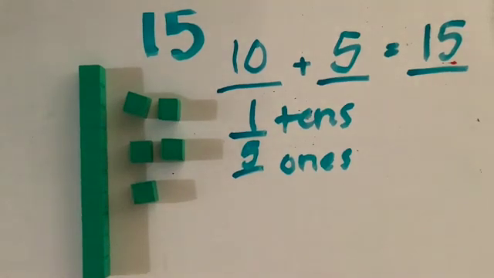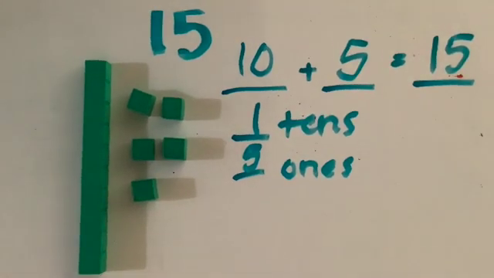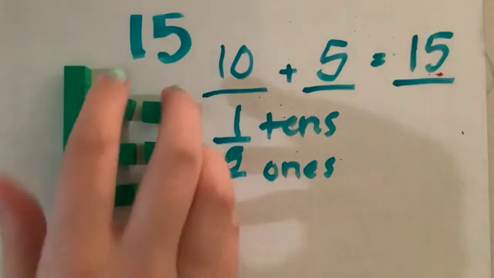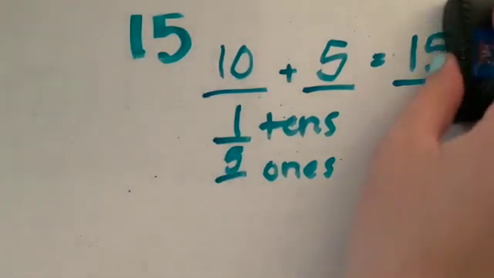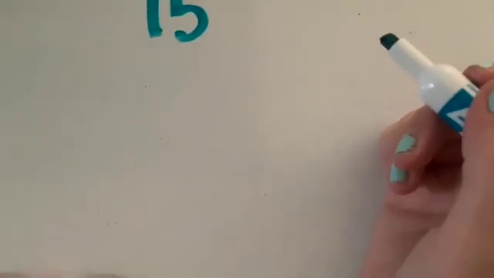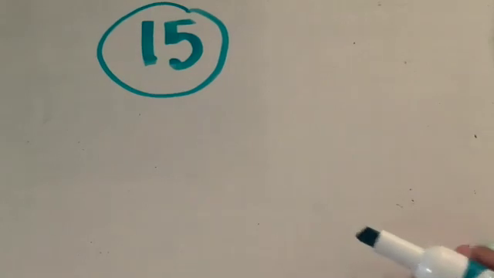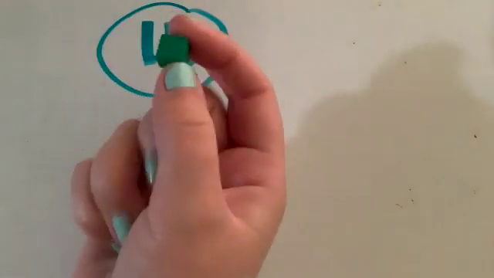Let's show this in a different way. Go ahead and erase what you have. We still want to show the number 15, but let's try it in a different way. How else could we show it? We could use just 1 blocks.